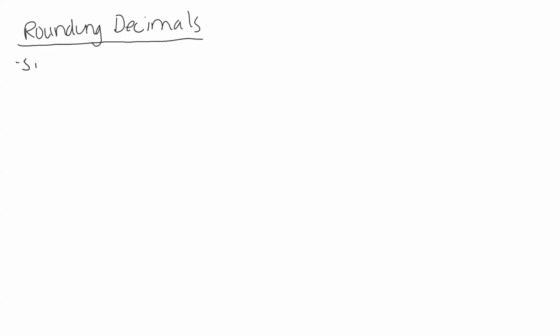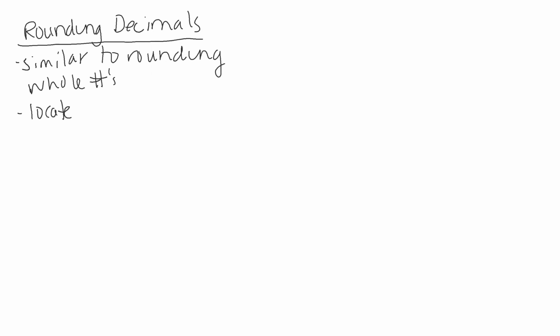It's very similar to rounding whole numbers. Basically, if you can round whole numbers, you can definitely round decimals. You locate the rounding digit based on place value. If I tell you to round to the nearest hundredths place, you want to find the digit in the hundredths place.